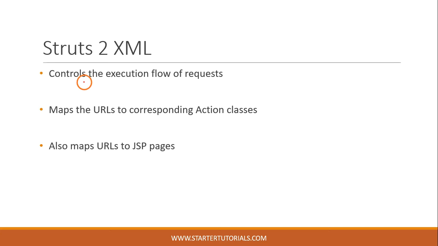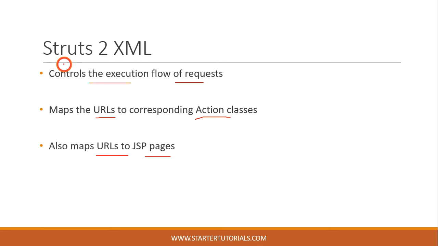Now something about the struts.xml file. What is the use of it? The struts.xml file controls the execution flow of requests. Just now I have explained this. It maps the URLs, that is the requests, to corresponding action classes, and also maps URLs to the corresponding JSP pages.